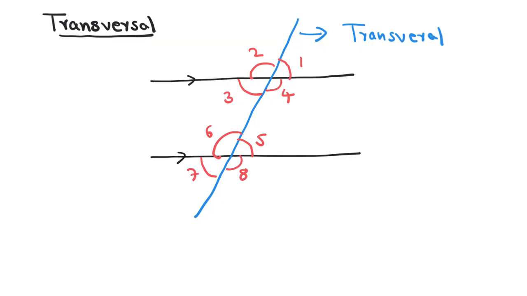You can number them as you like, but the concept is when a transversal intersects two parallel lines, 8 angles are formed. Now let us try to understand the relationship between these 8 angles.